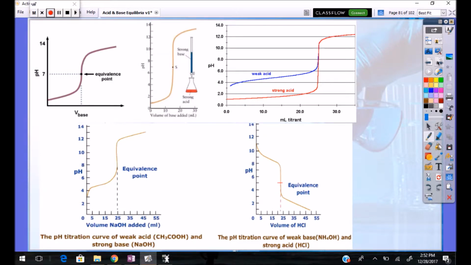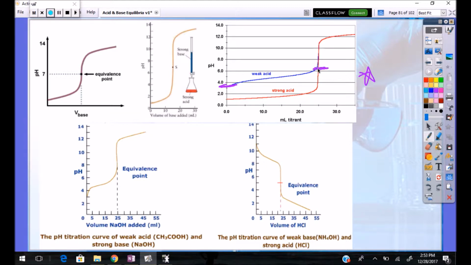If we are dealing with something like a weak acid, I want to look at this one here. We know it's a weak acid because the pH is much higher than 1. You can see the difference between a strong acid and a weak acid. That is because weak acids don't dissociate as much, so we only have a little bit of H plus contributing to our pH.